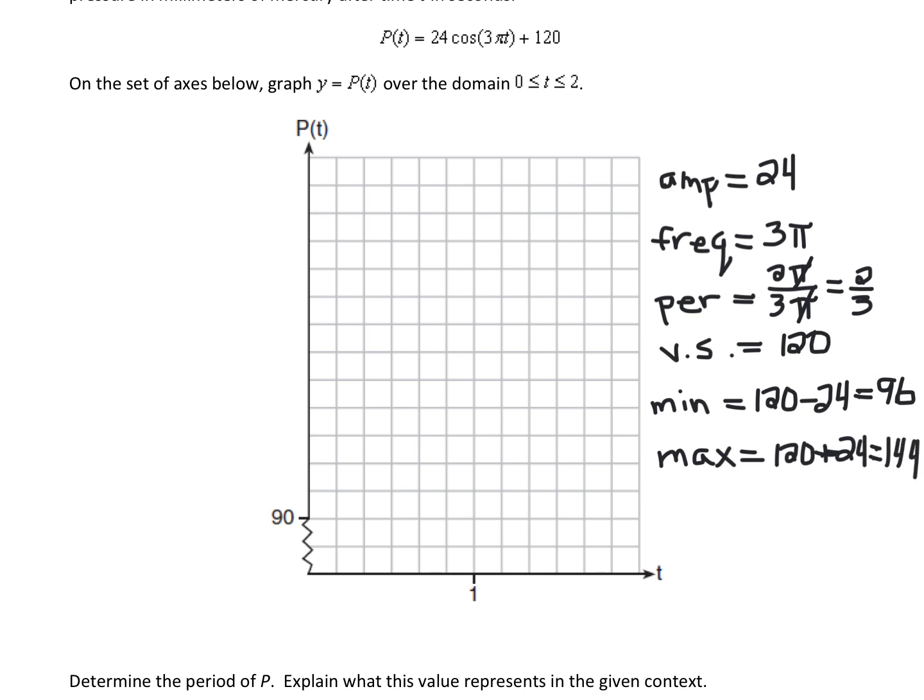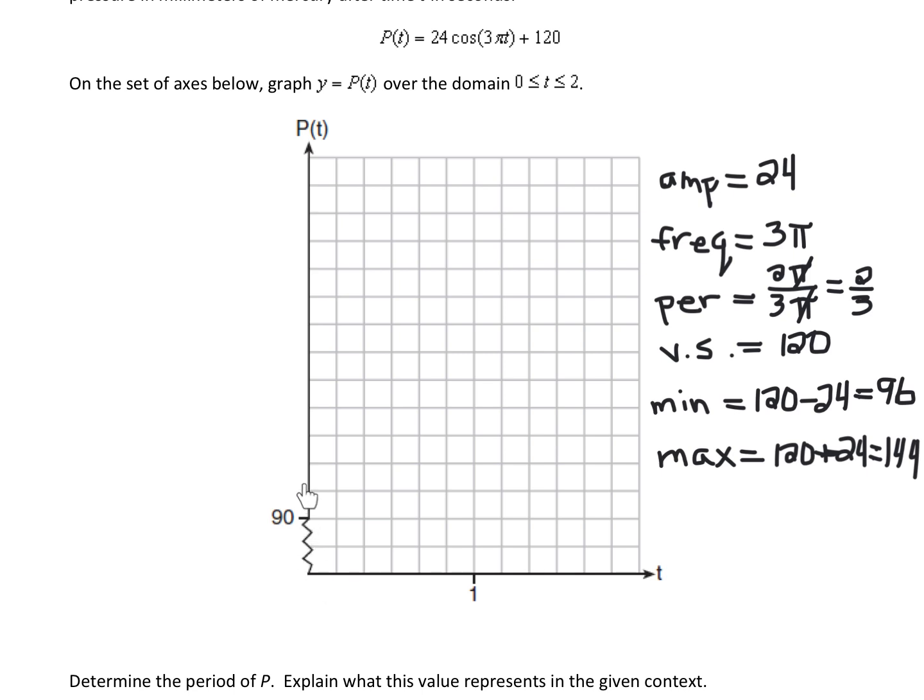Okay, so now that we have this, we can really set up our axes here. Now we know that the minimum value we're going to need is 96, and the maximum value we're going to need is 144. Now, see this right here? This is called an interval break. If you make a little jagged area, that means we're not using any of the numbers from 0 to 90.